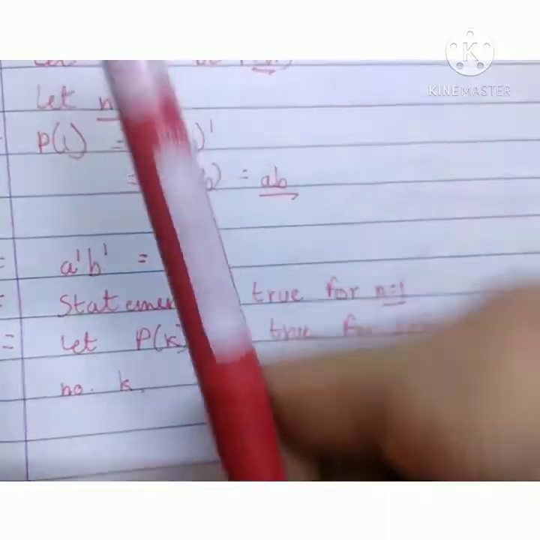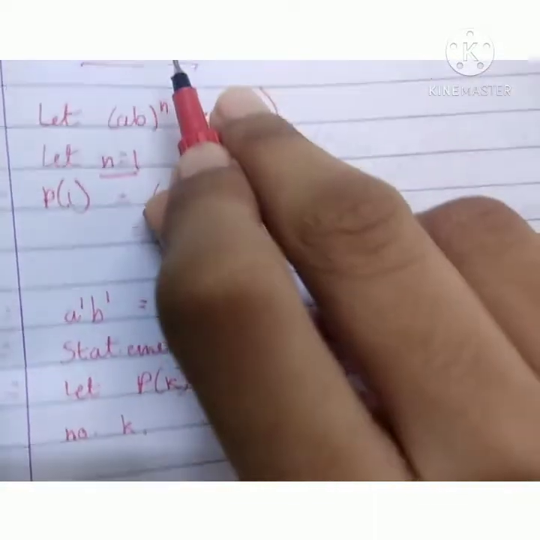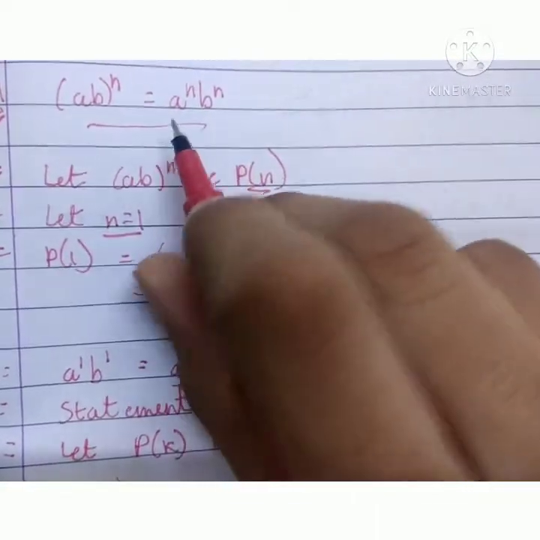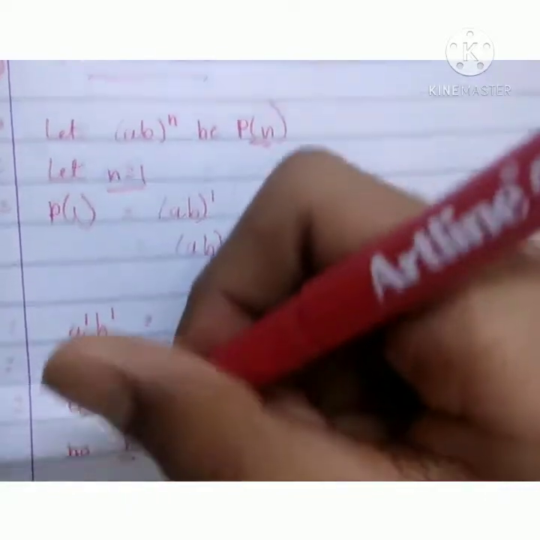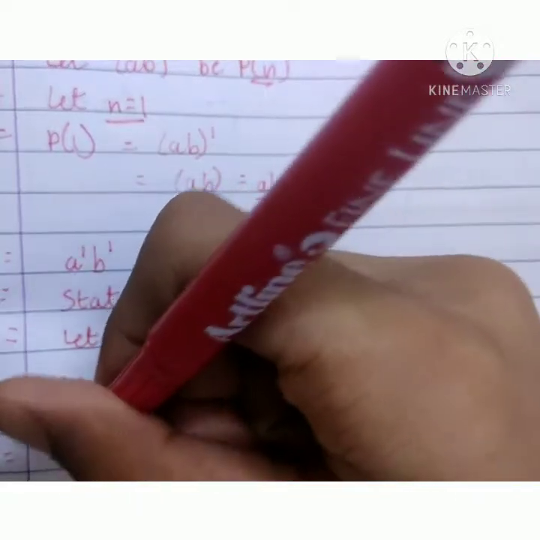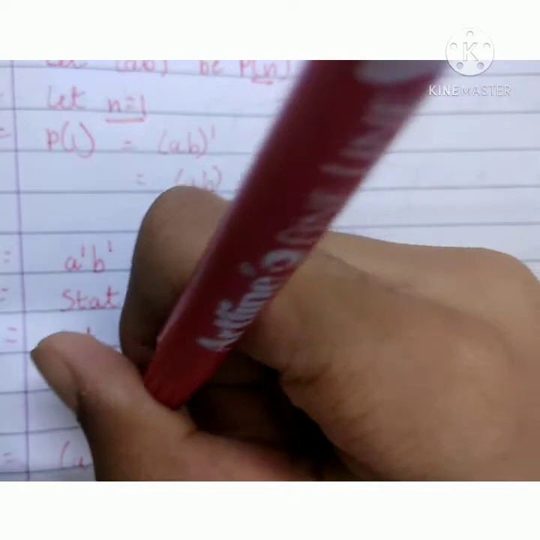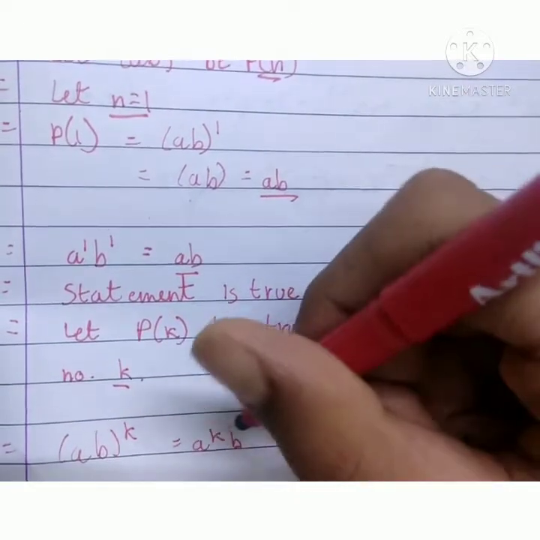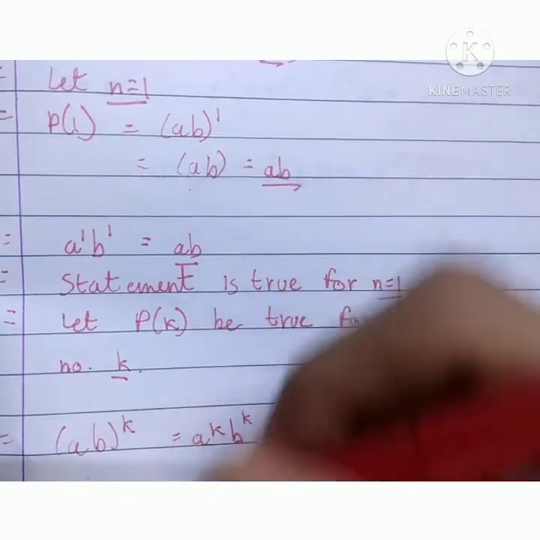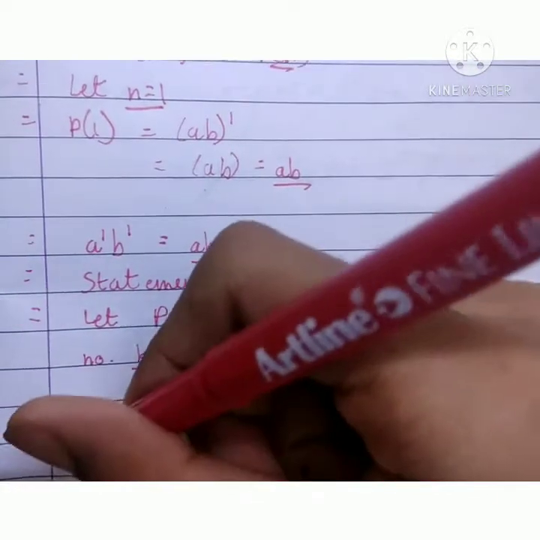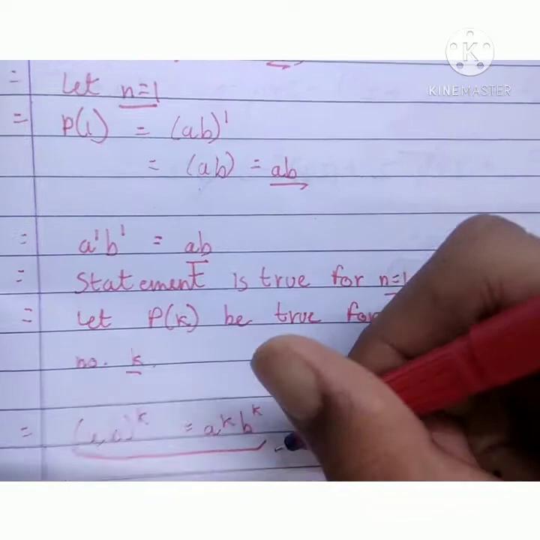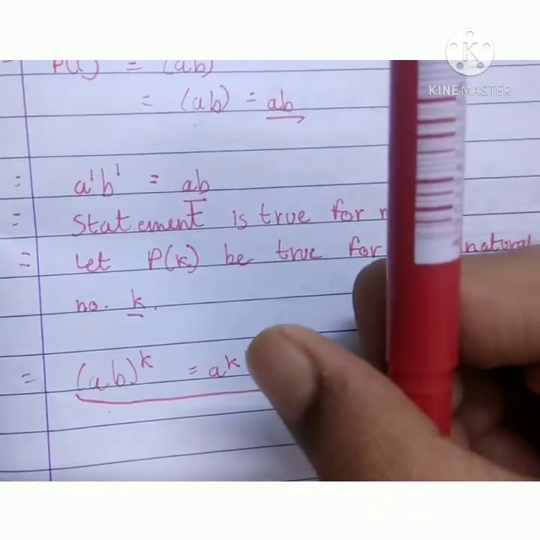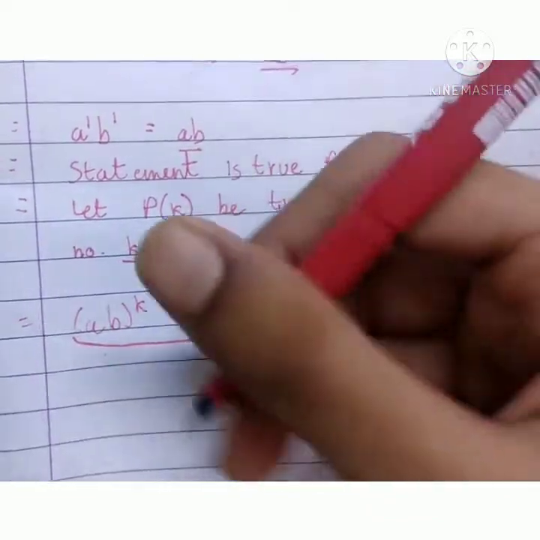Wherever in the equation there is an n, we replace it with a k. So (ab) raised to k is equal to a raised to k multiplied by b raised to k. We are letting this statement be true.